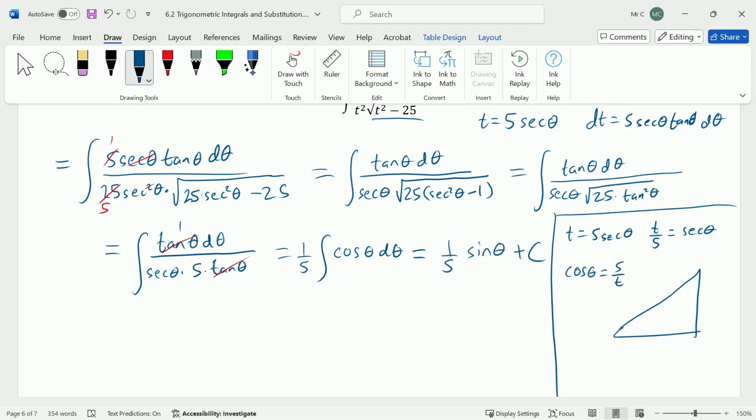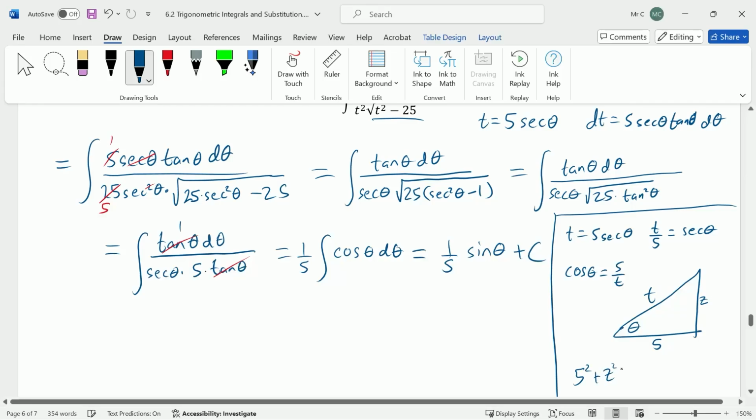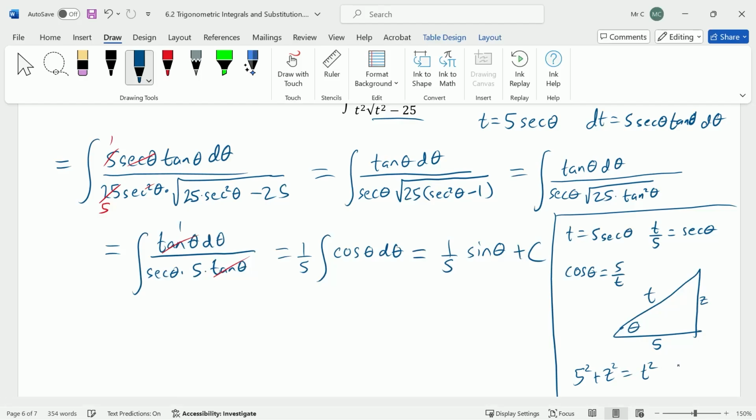Now I'll draw my triangle. Put theta here. Cosine is adjacent over hypotenuse. Call this other side z. And solve for it. 5 squared plus z squared is t squared. So z is the square root of t squared minus 25.